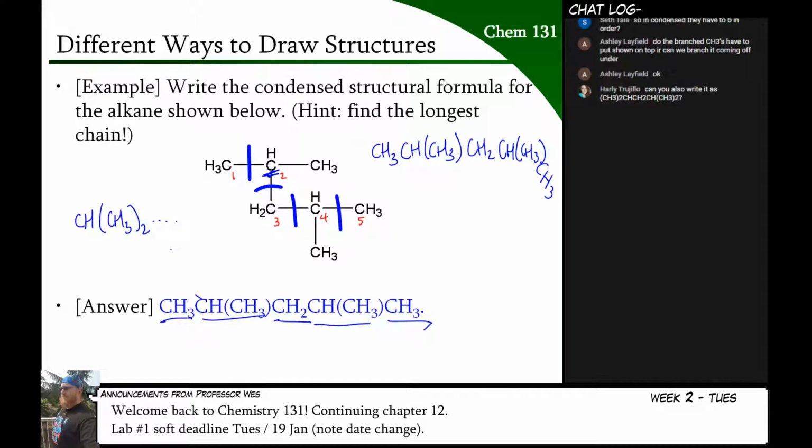But the problem there is that you aren't representing the longest chain. And so we need to include all of the carbons in the longest chain here. So don't abbreviate it too much, is what I'm saying.